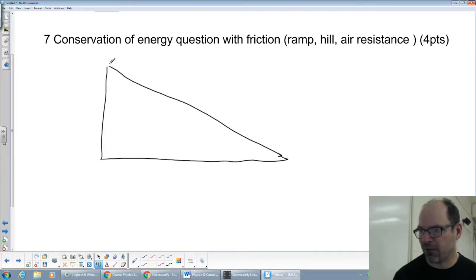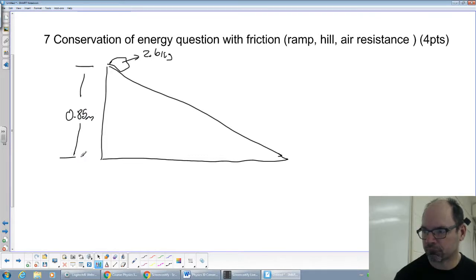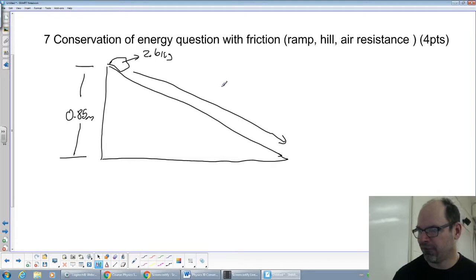Let's say that you have this mass up here that is 2.6 kilograms. Let's say that this height is 0.85 meters, and that this slide path is 5.82 meters, and that the coefficient of friction is 0.20.